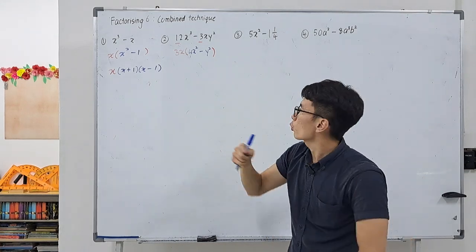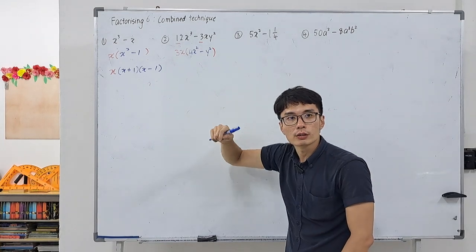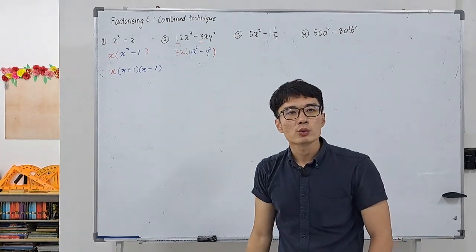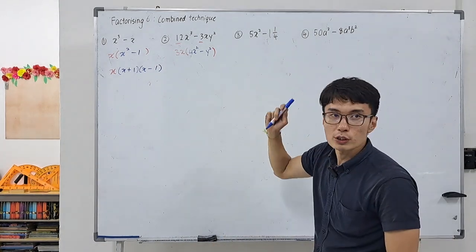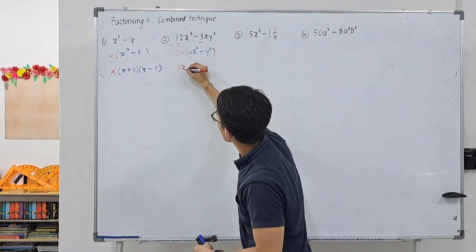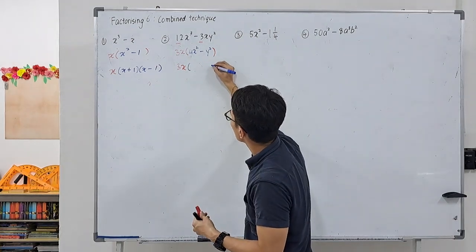How do I know it's a difference of square? Two terms, a minus, and all of these can be square rooted. For more videos about difference of square, you can search for the previous video where I explain in detail about difference of square. So let's solve this right now. What I have here is going to give me 3x, and this guy over here is a difference of square, so I know I have my two brackets.